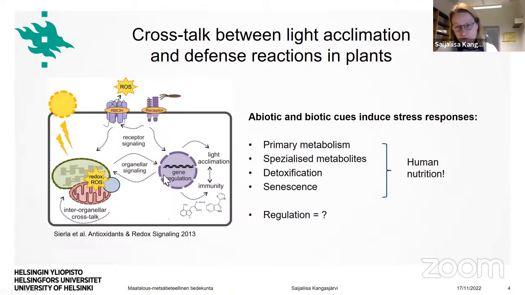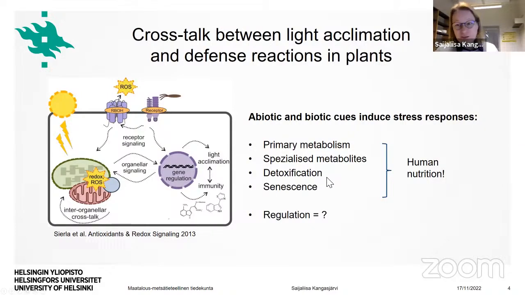But then there's also a more overall acclimation response that modifies the entire acclimation state of the whole plant. These changes can range from changes in primary metabolism and the formation of so-called specialized metabolites, also called secondary metabolites.